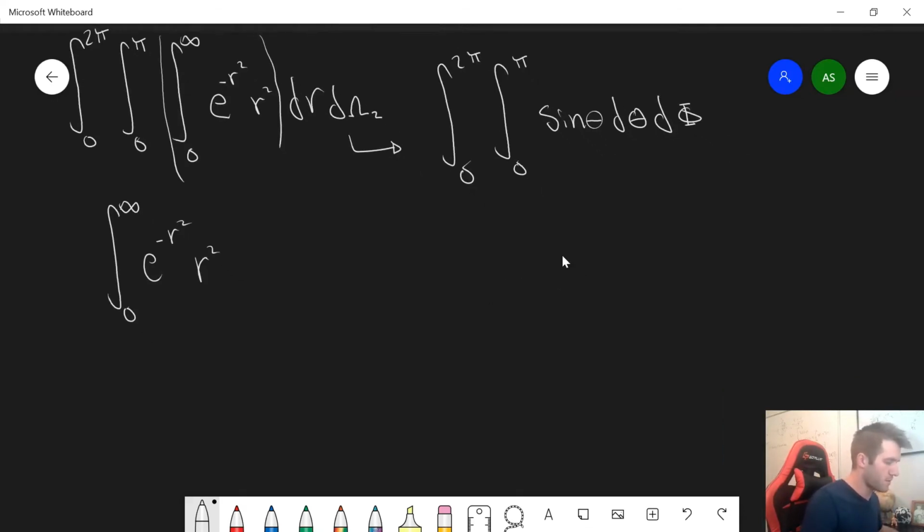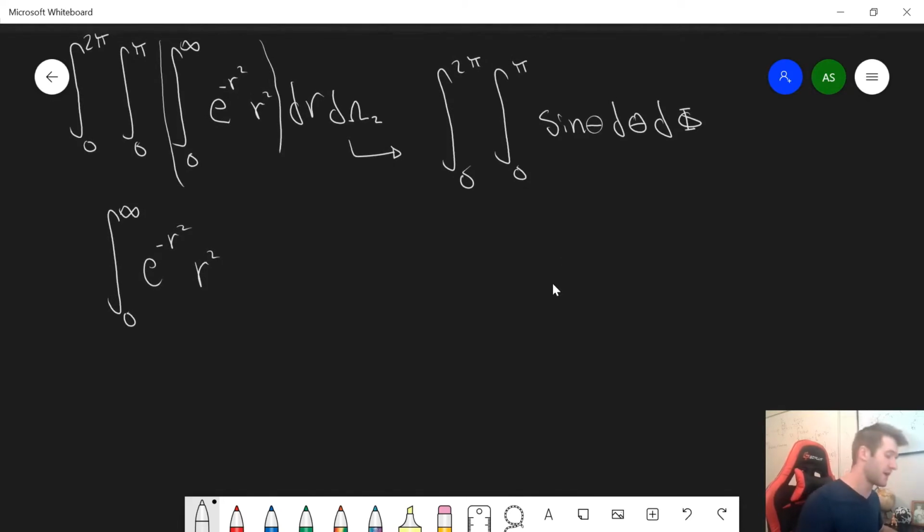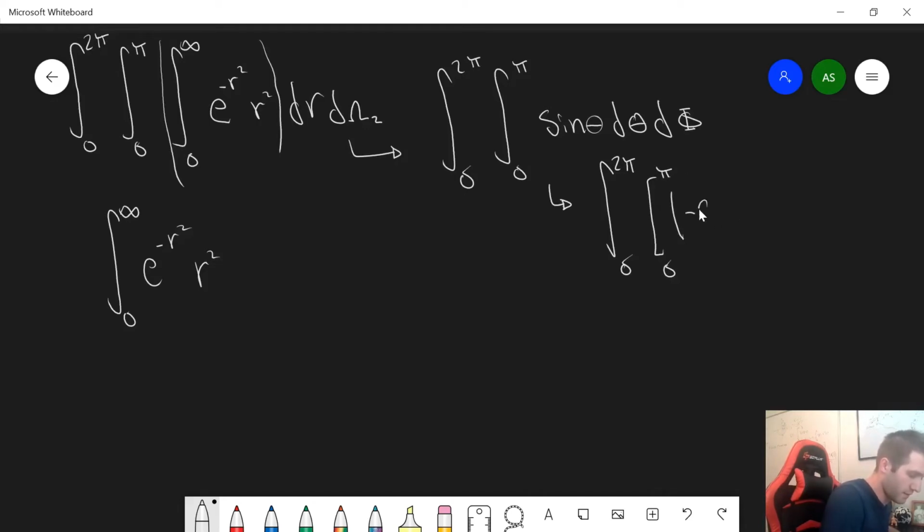Okay, so taking the indefinite integral of sine of theta is just going to be negative cosine, so this is nothing but our integral from 0 to 2 pi, and from 0 to pi, after taking the indefinite integral, we're going to have negative cosine of theta, and then close that off, and then d phi again.